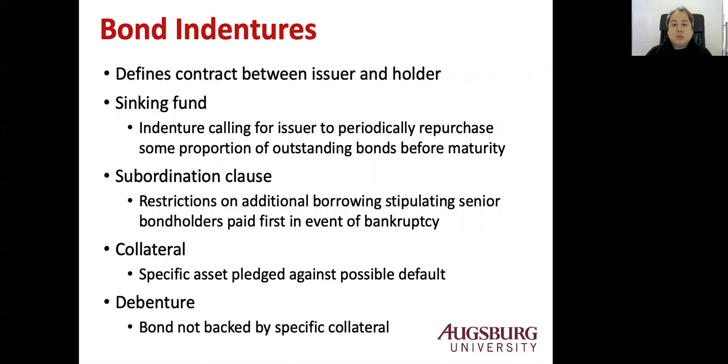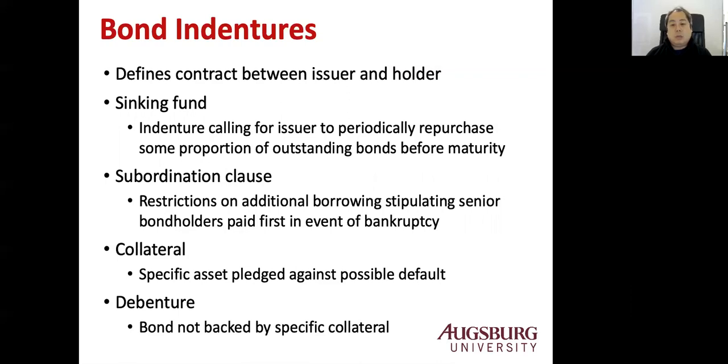So in the contract there is something called a sinking fund. The sinking fund is a preparation of funds to pay back the balloon payment at the maturity date. At maturity, they basically have to pay a lot of money, so sometimes the bond indenture contains a contract saying that the issuer should set up a sinking fund.